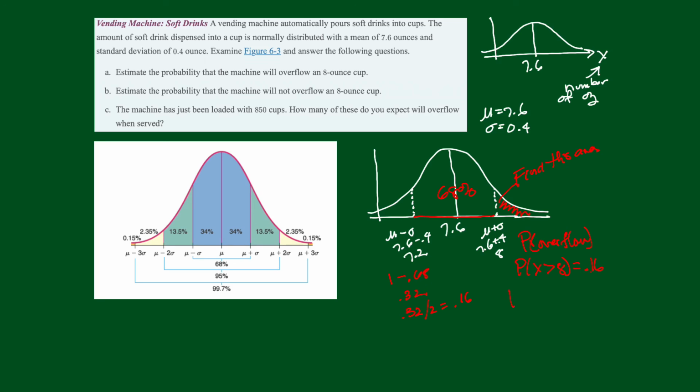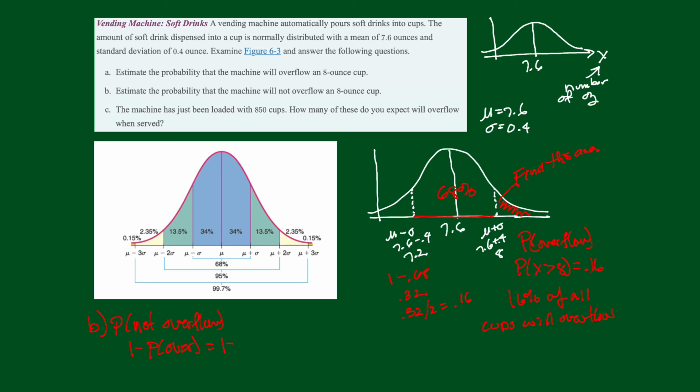So 16% of all cups will overflow. That's how this machine is made up. And then part B says, estimate the probability that the machine will not overflow. Well, if 16% overflow, the probability of not overflowing is 1 minus the probability that it does overflow.